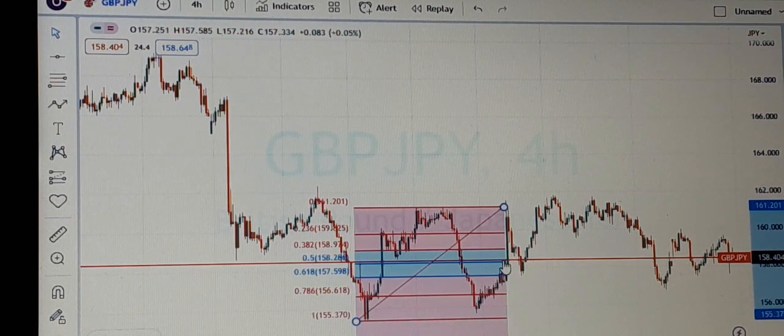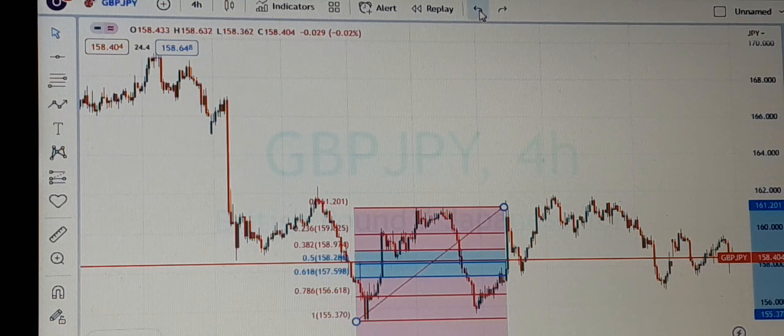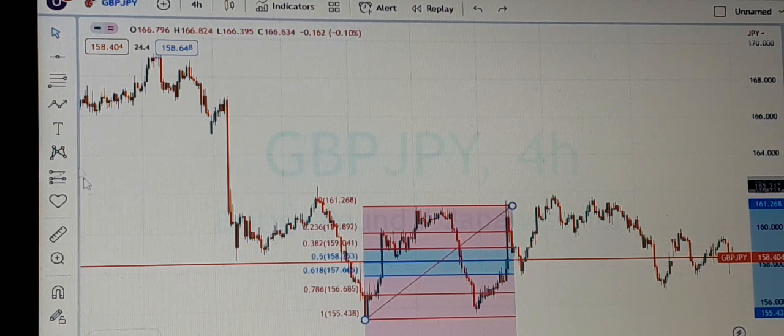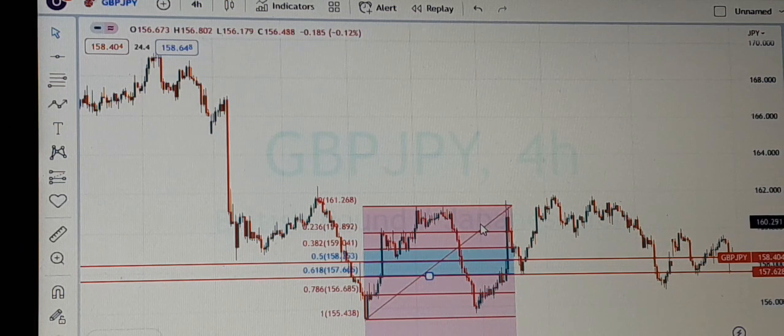Then we put in our trend line. Just a minute, guys. This one I have to be precise and clear. Then you take another trend line and put it there.